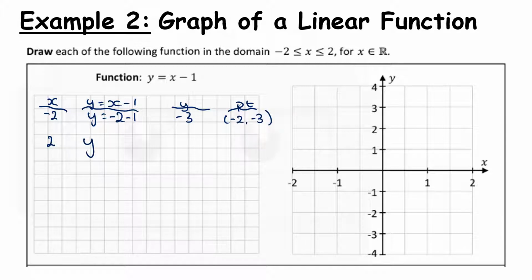Similarly here, y is equal to x minus 1, which is 2 minus 1, which gives me a plus 1, which gives me (2, 1). So I go to my graph and I fill these in. I get (minus 2, minus 3), which is here, and I get (2, 1), which is here, and this will allow me to then use my ruler to connect them. So I'm going to try to use my ruler.